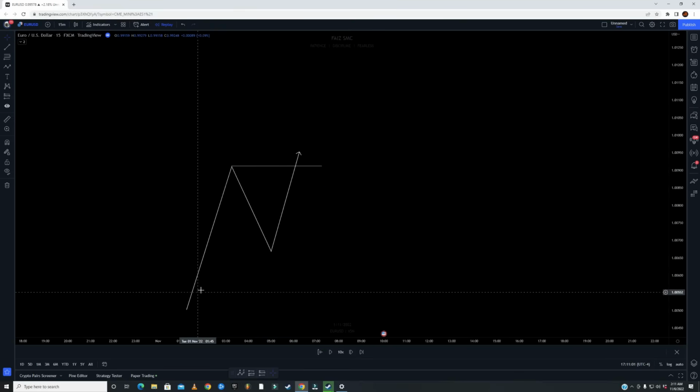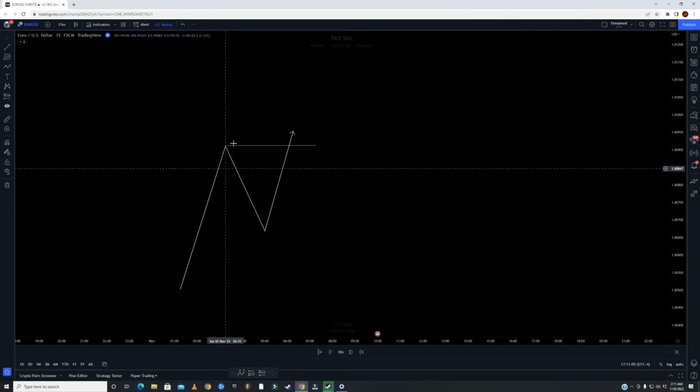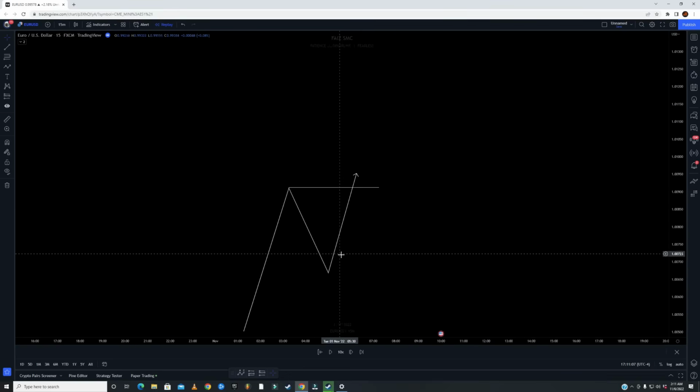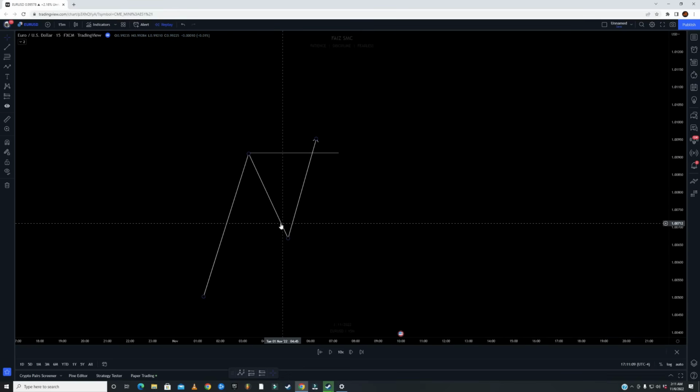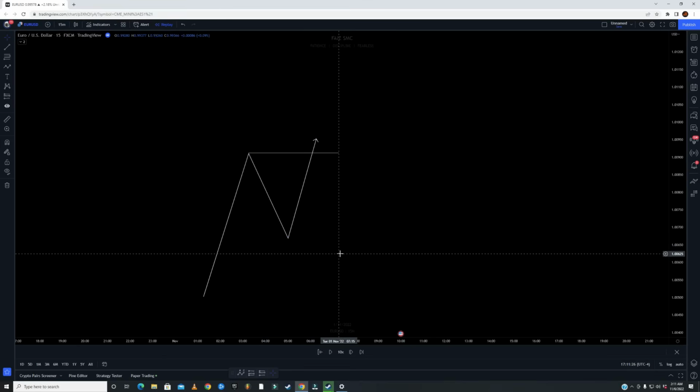The A leg is a trend in one direction, and then the B leg is a small trend in the opposite direction. By small trend I mean a few candles, not a huge trend. And the C leg is the movement in the very first direction.